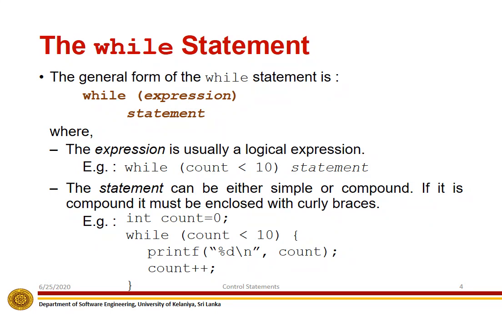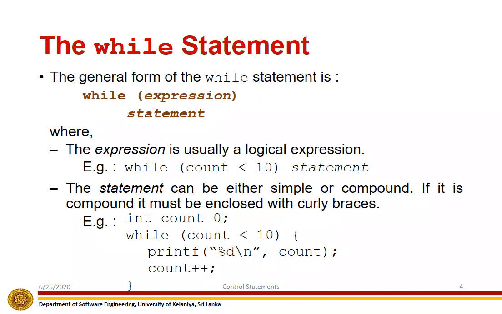How does this work? It will check the count variable first. The count variable has been declared and initialized at the beginning of the block: int count = 0.